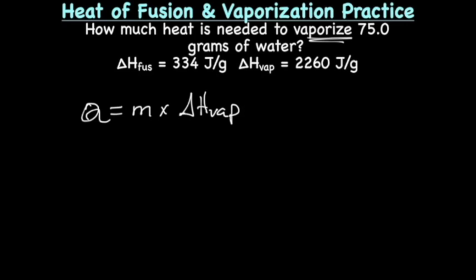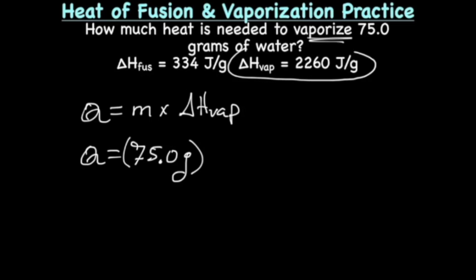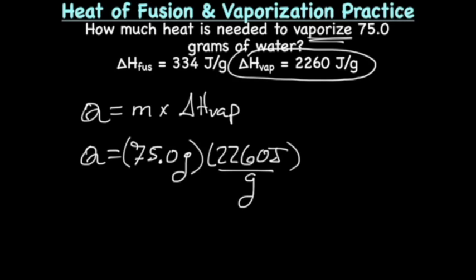Now we just plug this in. Q is the amount of heat. We know we have 75.0 grams, and we're going to multiply that by the constant for water for heat of vaporization, which is 2,260 joules per gram.